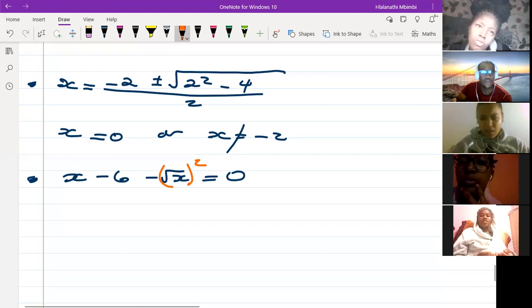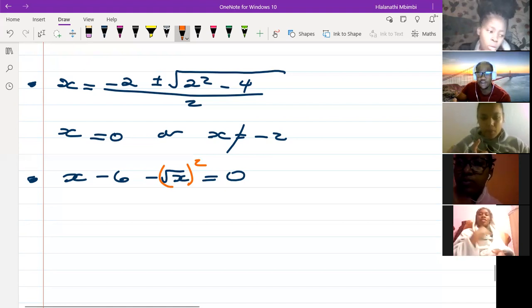On the test, but then I realized I was supposed to take it over. Yeah, and then square both sides even. Yes, sir.